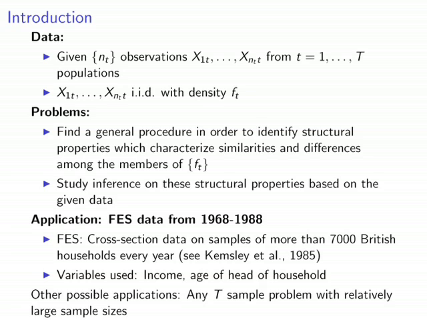Each of the x's in each t has a density ft. And so what you have here is capital T different densities, f1 to fT. So you have essentially what we call a density family. So it's not one population, but it's a multiple population problem.